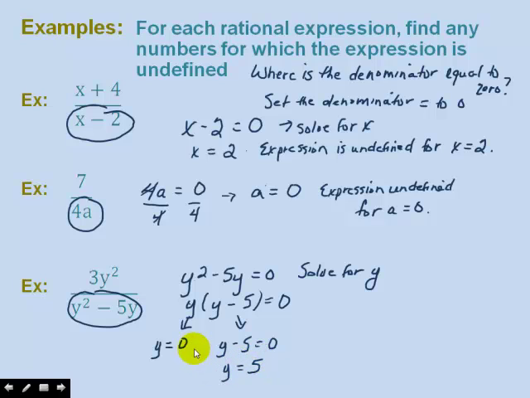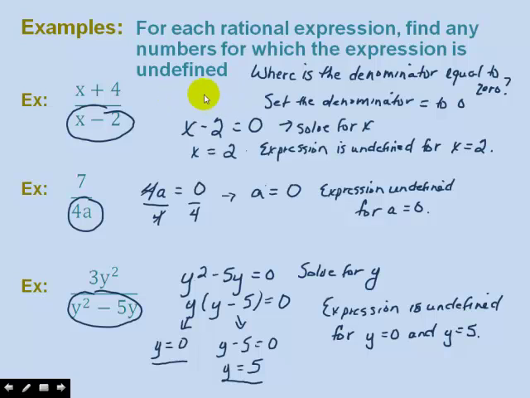So we end up with y equals 5. So here's one solution for our equation up here. Here's a second solution for our equation. So there are actually two places where our expression is undefined. So our expression is undefined for y equal to 0 and for y equal to 5.